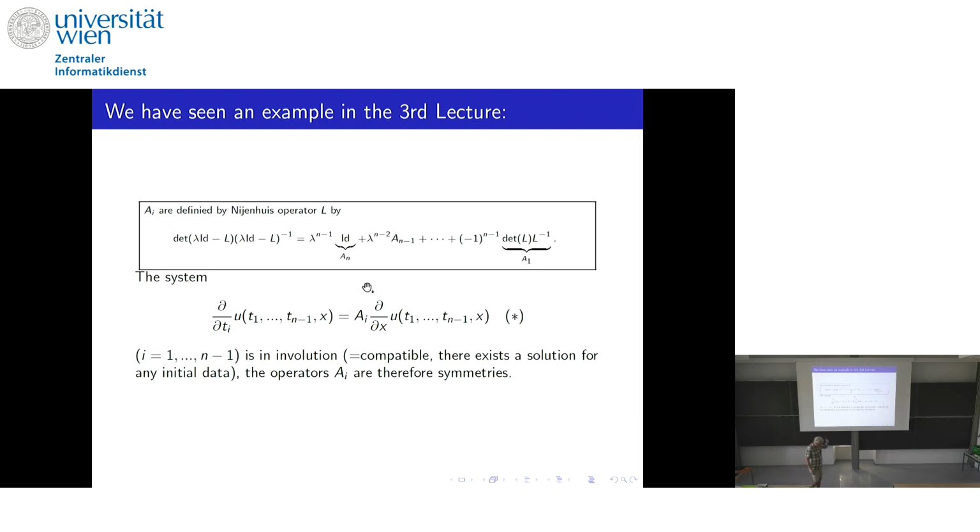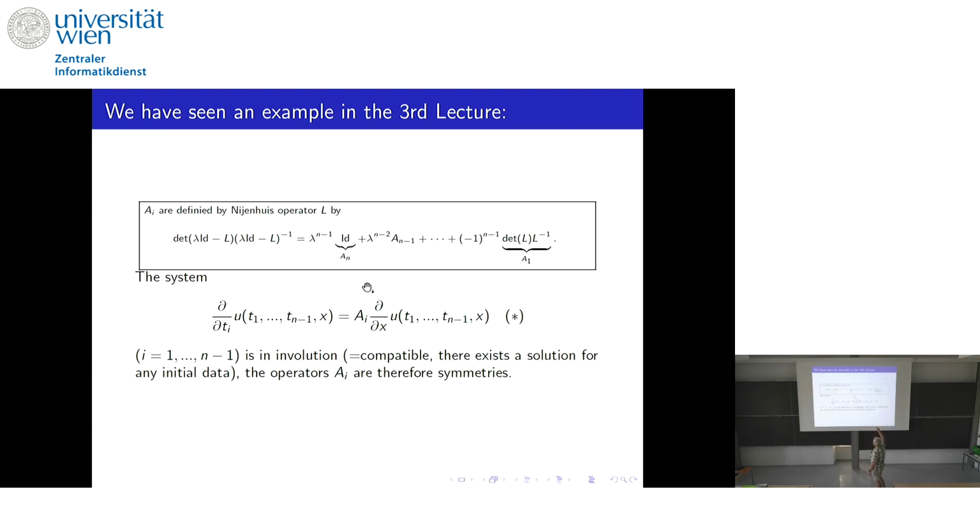So we have seen this situation in the third lecture. I did not really emphasize it, but maybe you still remember. Consider the family of n generators, which I call A_i, defined via this expansion. We take the Nijenhuis operator and its co-matrix transposed.